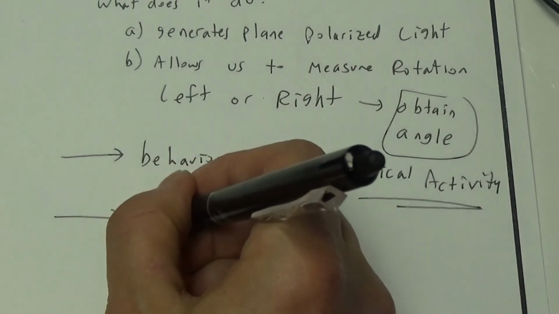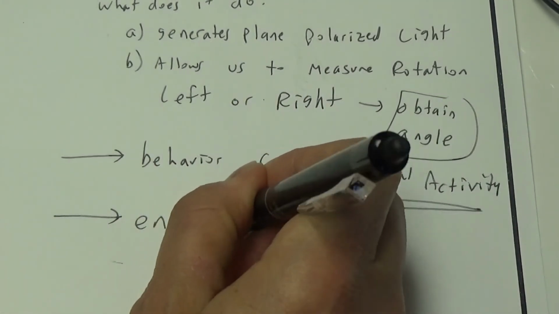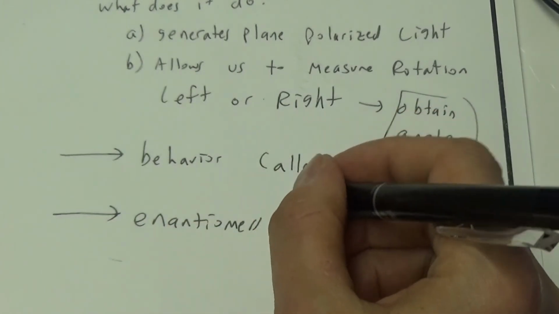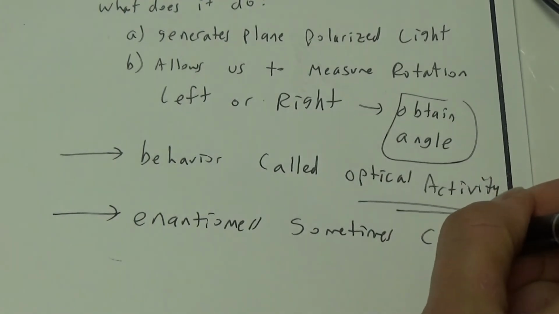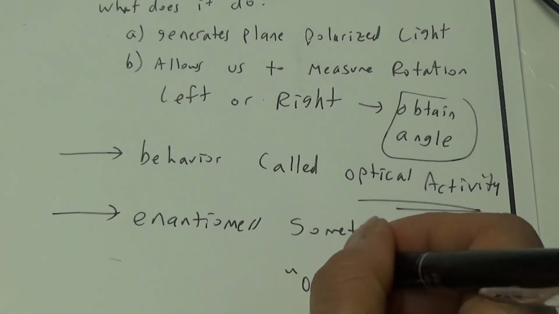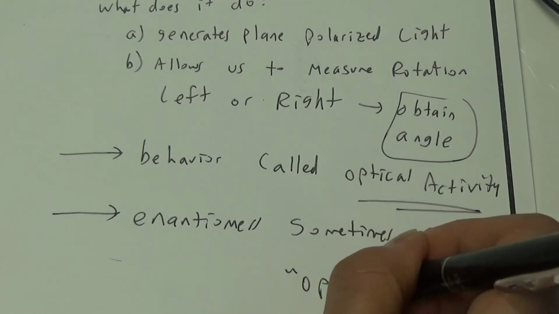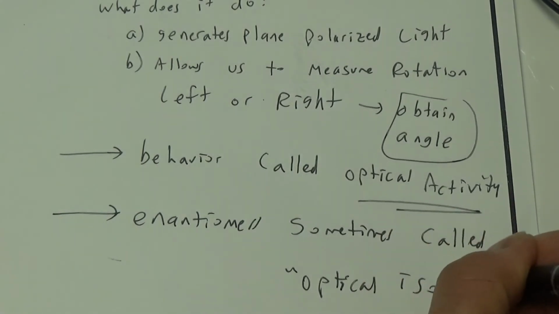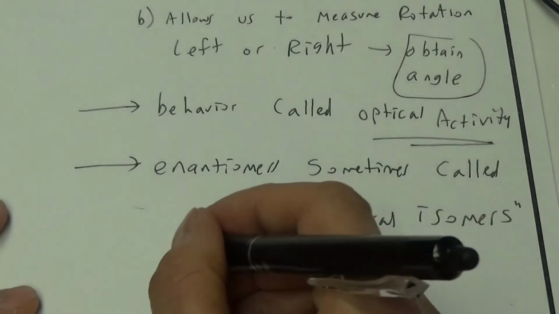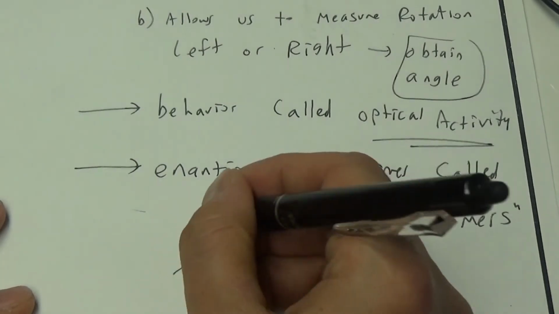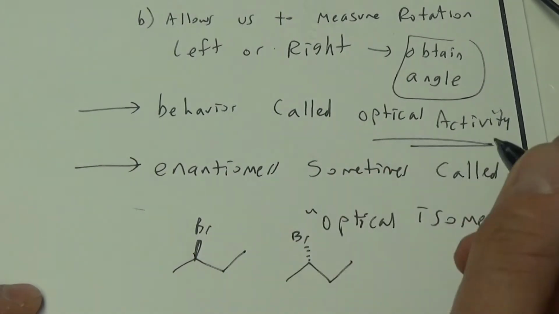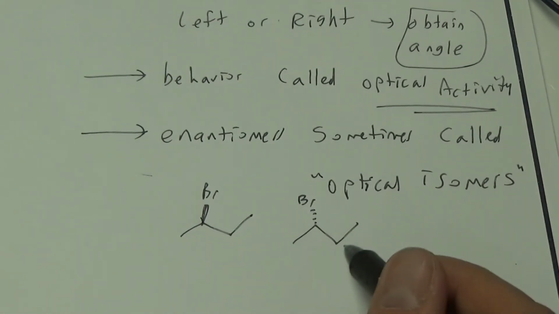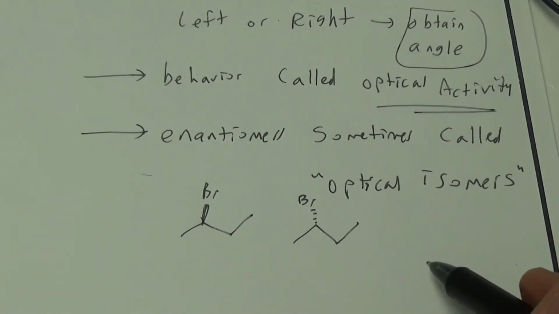And enantiomers are sometimes called optical isomers. Right? So if I have my two enantiomers that rotate light in different directions, sometimes they're called optical isomers.